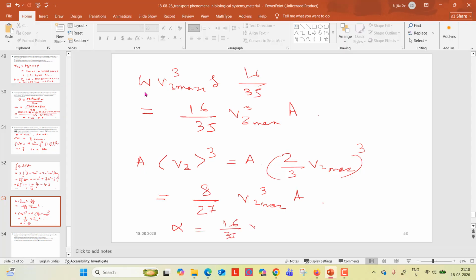So it is 54 by 35, which is around 1.543. Okay, so the ratio, the actual kinetic energy correction factor, is 1.543. Next.